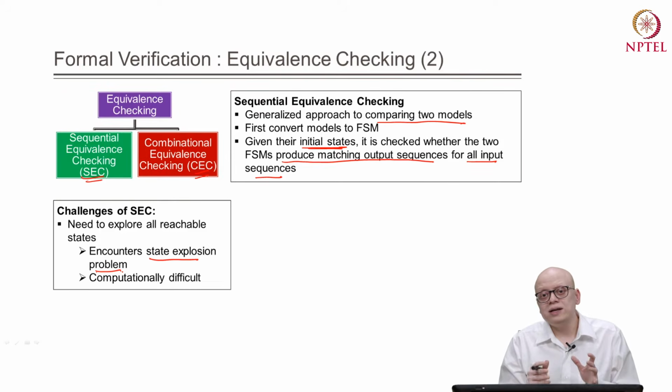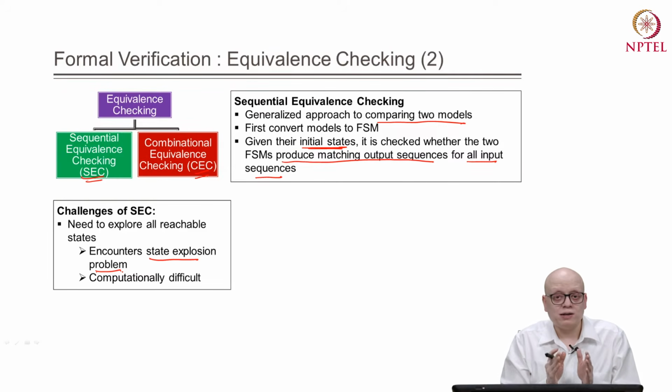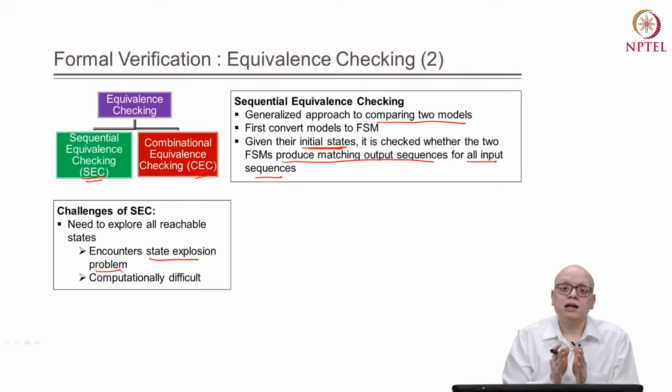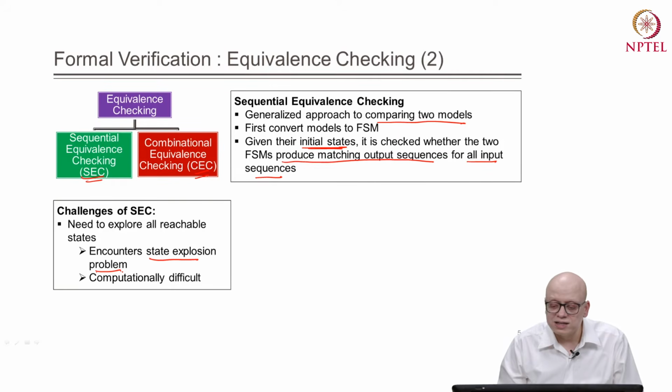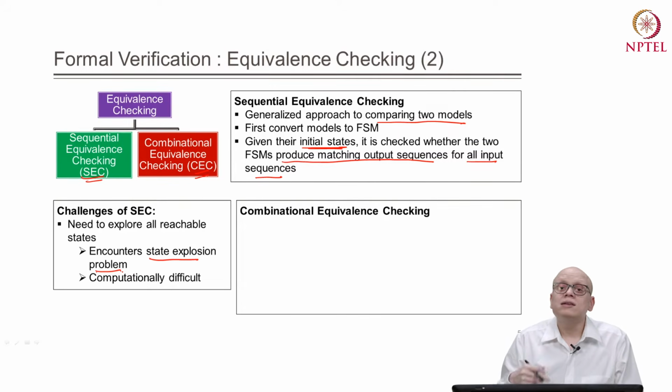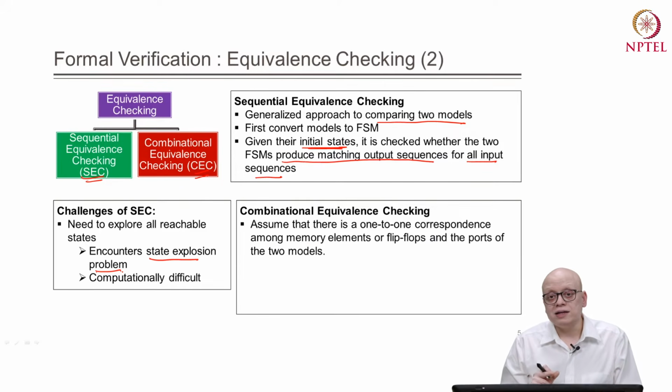So, typically in the VLSI design flow, we try to avoid performing sequential equivalence checking. Rather, we do what is known as combinational equivalence checking, which is a simpler problem. In combinational equivalence checking, there is an important assumption.